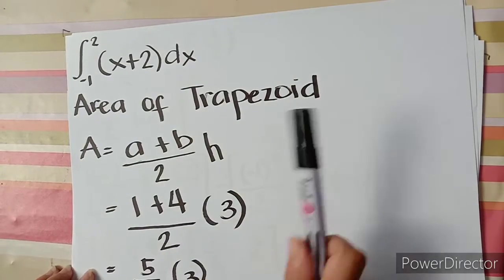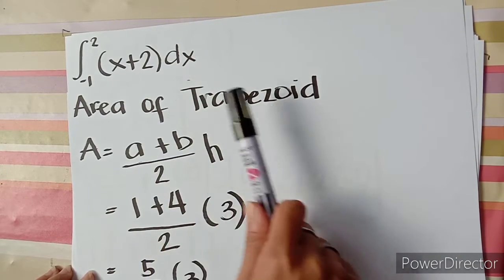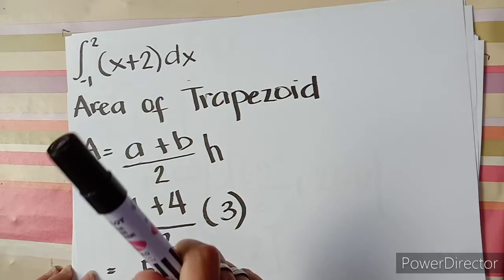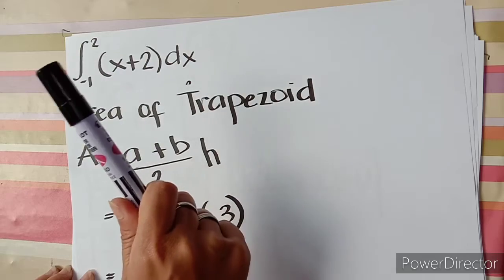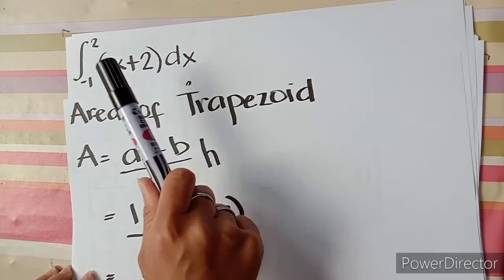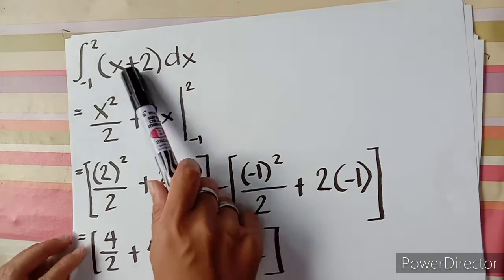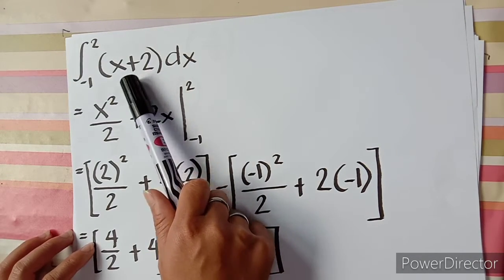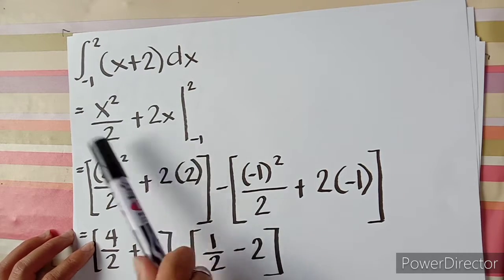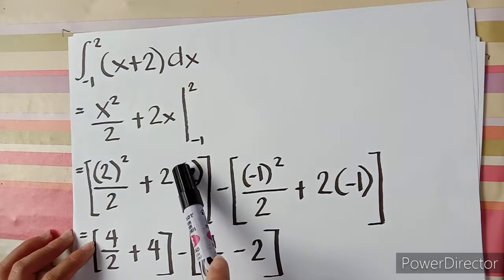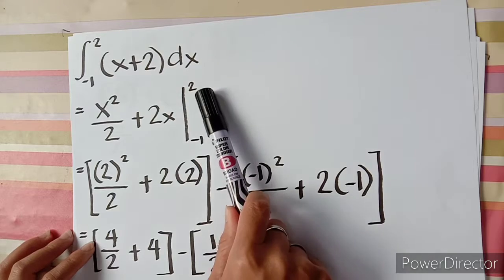What if we don't know the appropriate formula for the area of a trapezoid for this function? That is not a problem, because we can use calculus in finding the area. Here, we get the antiderivative of x plus 2, which is x squared over 2 plus 2x, evaluated from -1 to 2.